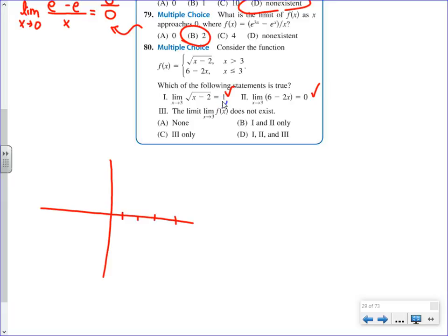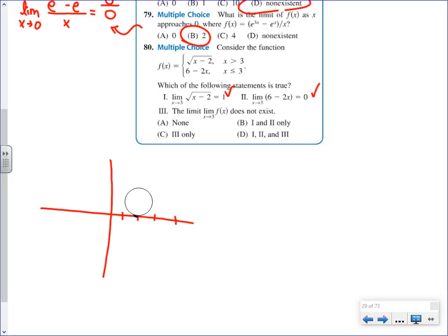Square root of x minus 2 is that shifted 2 to the right, right? Square root of x. According to my piecewise, does it hit at 3? No. But it goes all the way up. Square root of x minus 2 is the path of the driver on the, greater than, my bad. I thought it was less than.